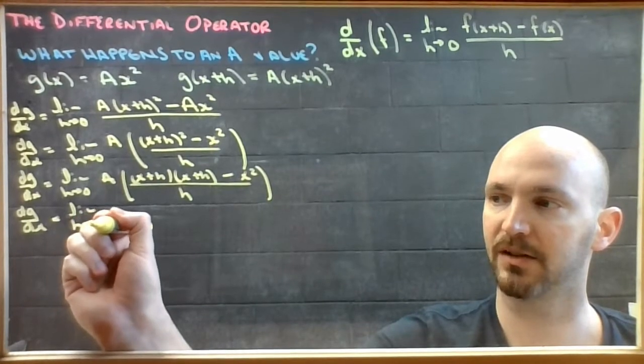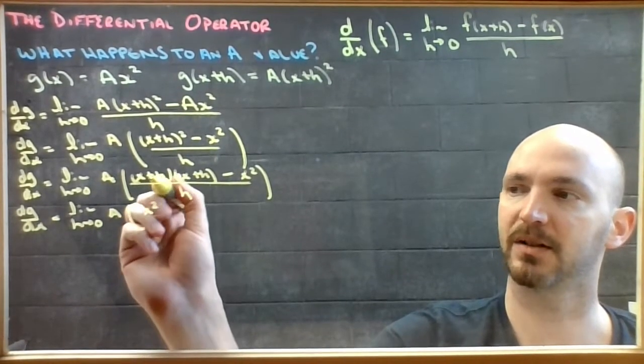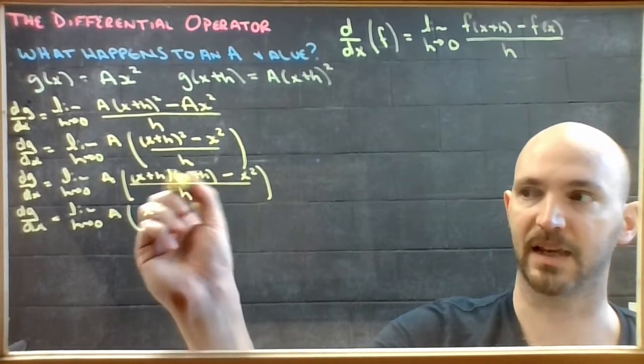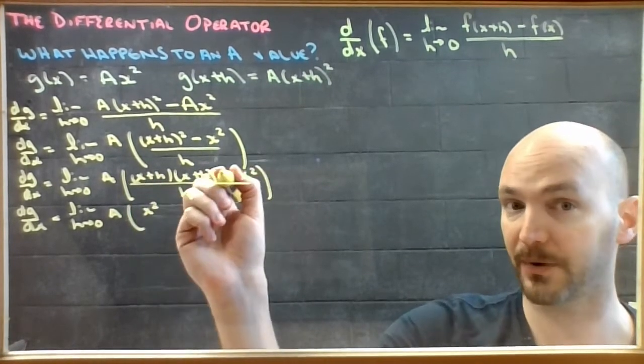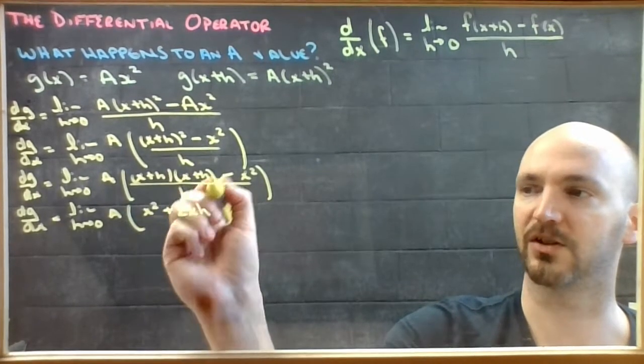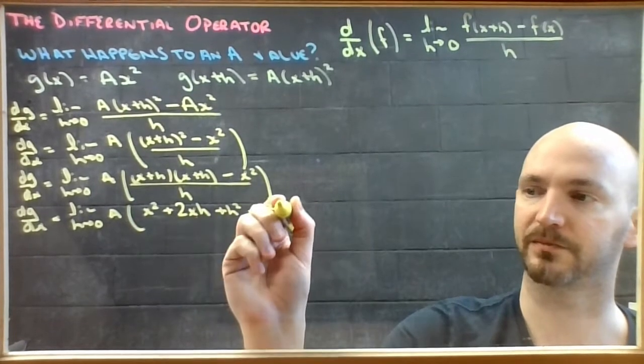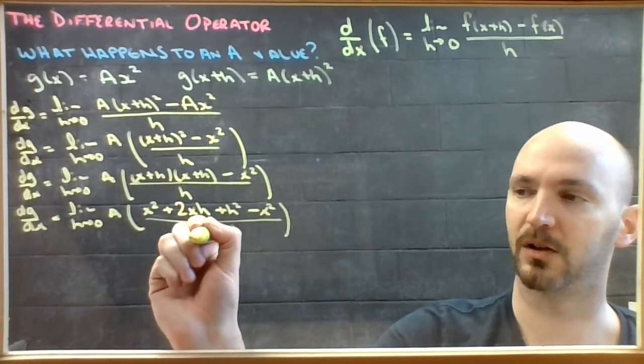Limit as h goes to 0, a, x times x is x squared, an x and an h is xh, an h and an x is another hx, for a total of 2xh. h times h is an h squared, minus x squared, all over h.